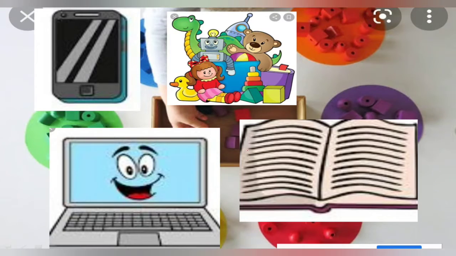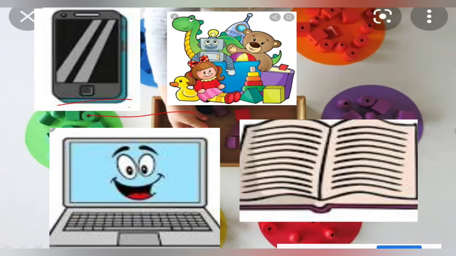Some objects that you can see around you are toys, a laptop, a book, or a mobile. If you are watching this video on a mobile, I know that a mobile has its own properties. For example, a mobile is an electronic device.